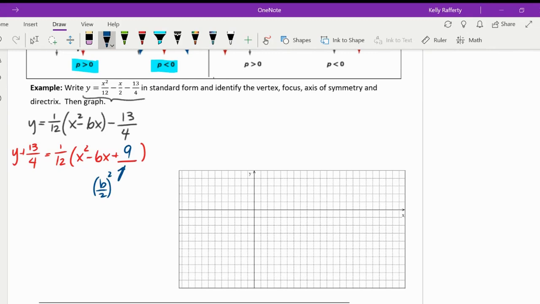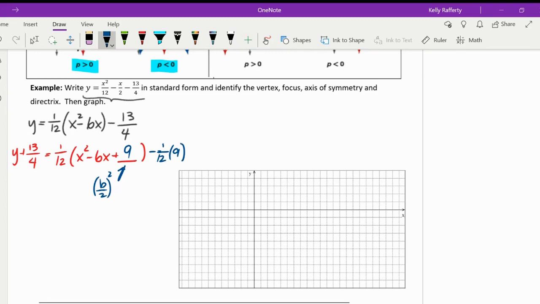Right? So one of two ways you can do this. You would either add, right, 1/12 times 9 to this side, or since I added, I'm really adding 9 times 1/12. In the parentheses at the end, I'm going to subtract. And I actually want to do this first. 1/12 times 9.